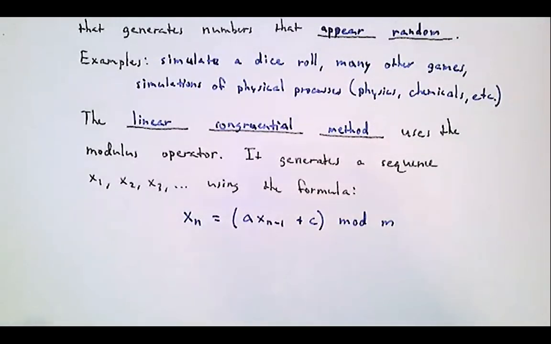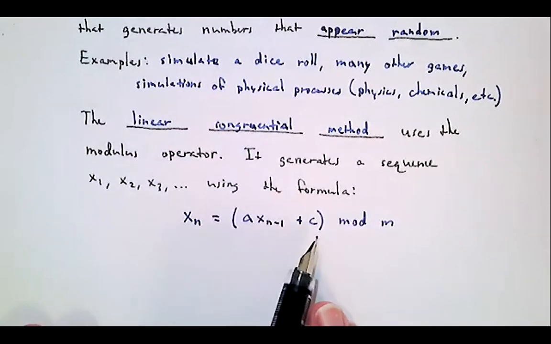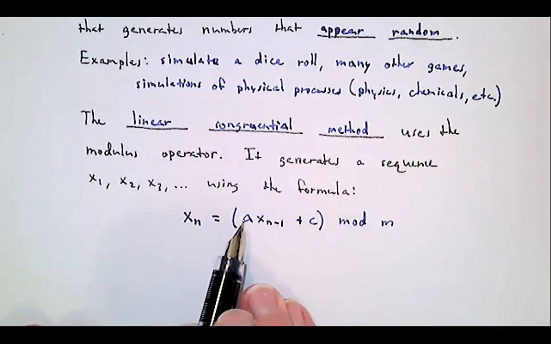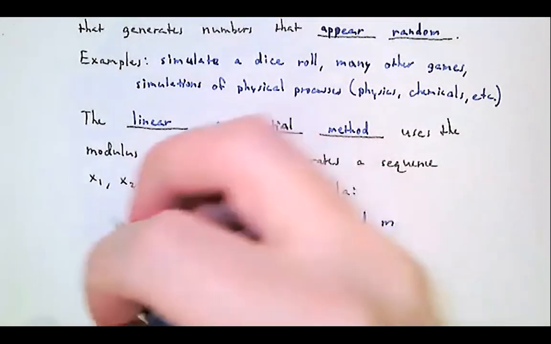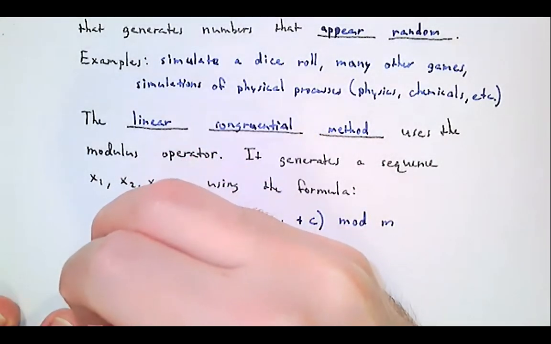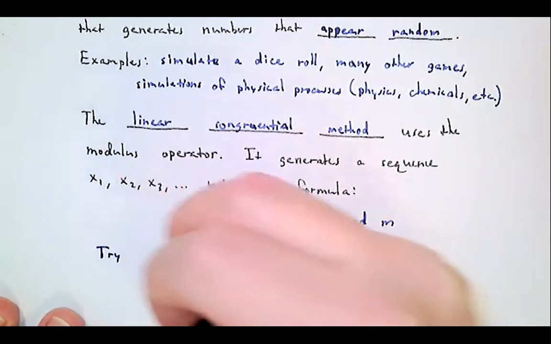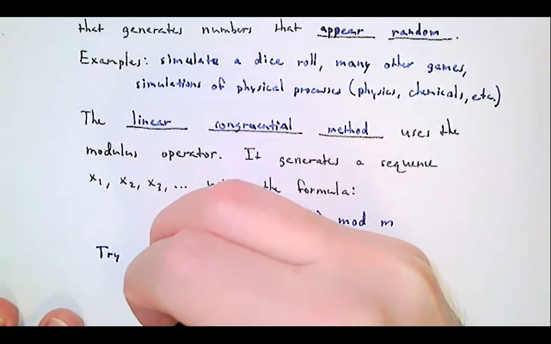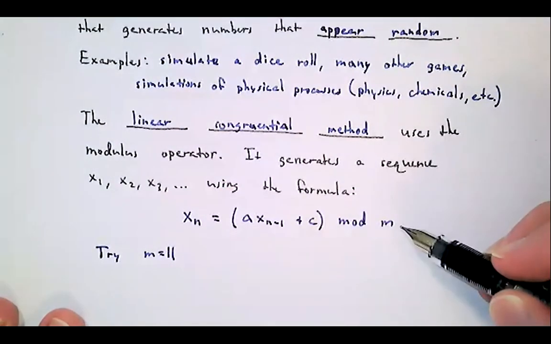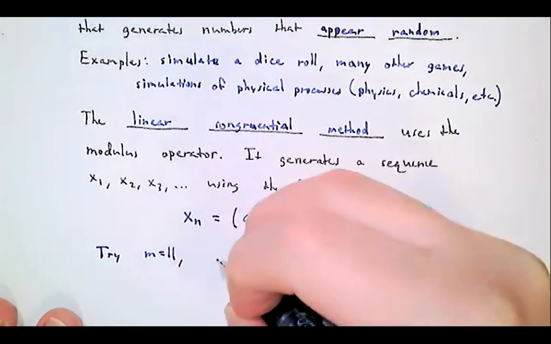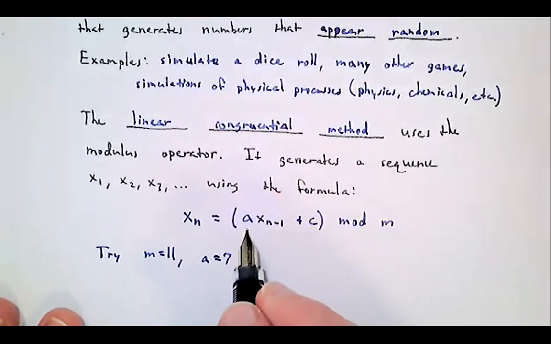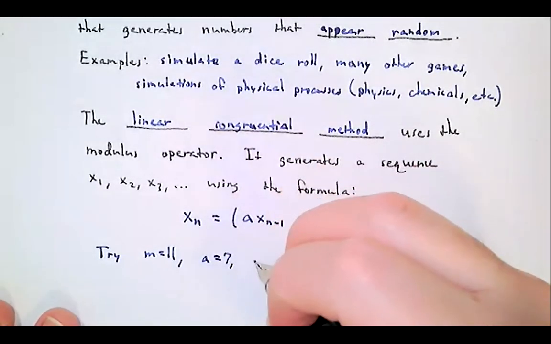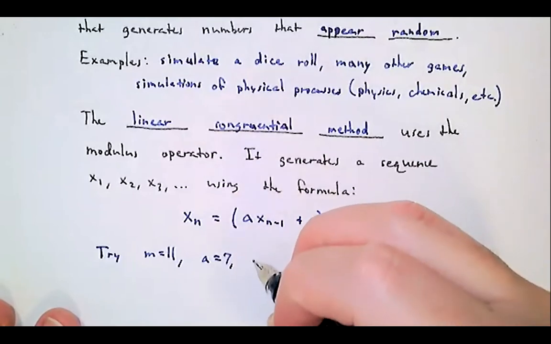So what you would do in practice is pick numbers, integers, to go in for these. So let's just make a choice and see how it would work. Let's try m equals 11. So this is the modulus. A, we're going to try 7. That's the constant multiple here. And then the number that we add, c, is going to be 5.